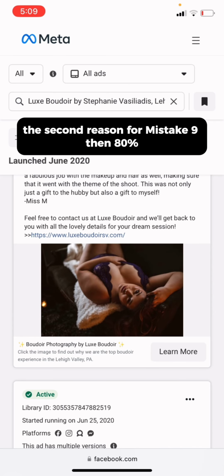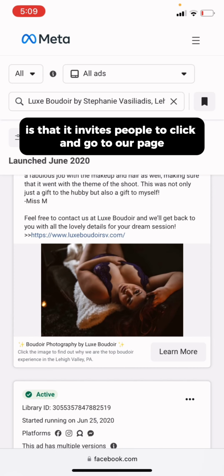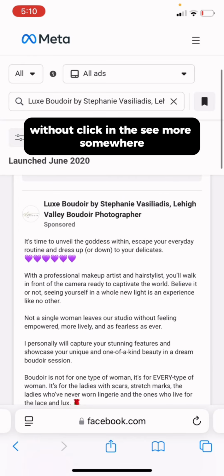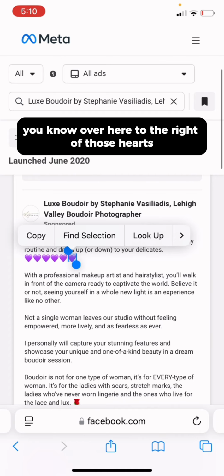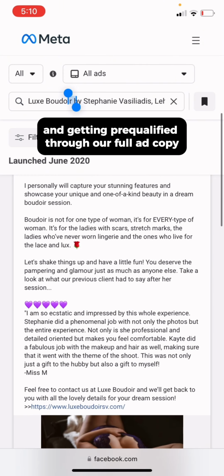The second reason for mistake 9, then, 80%: the reason having anything below here is a problem is that it invites people to click and go to our page without clicking the see more, somewhere over here to the right of those hearts, and actually reading, consuming, and getting pre-qualified through our full ad copy.